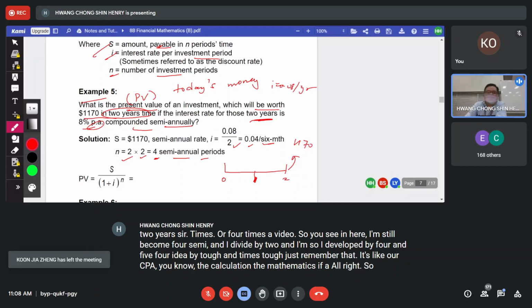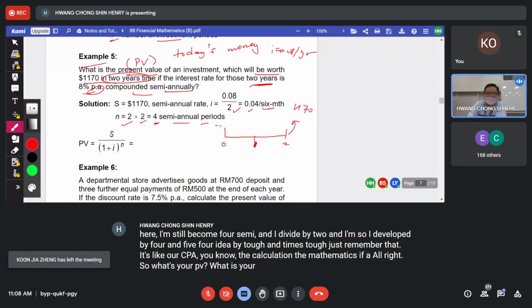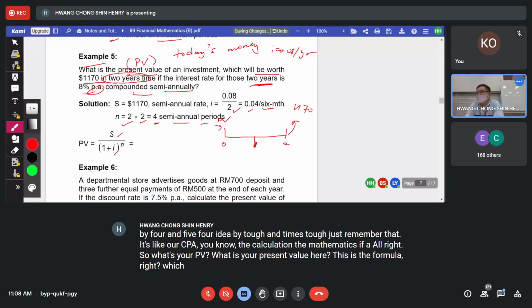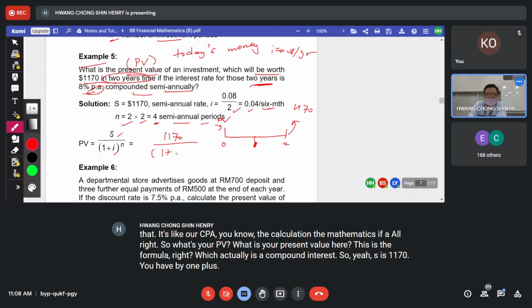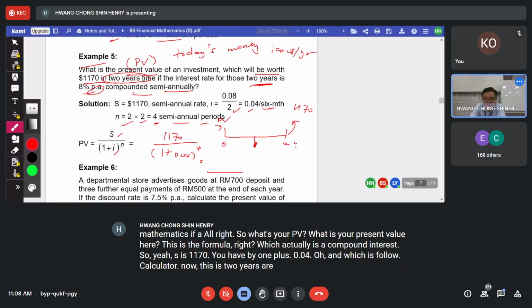All right, so what is your PV? What is your present value here? This is the formula, right, which I showed you, the compound interest. So your S is 1170 divided by 1 plus 0.04, power N, which is 4. Calculator. Now this is 2 years, but actually 4 semi-annual.